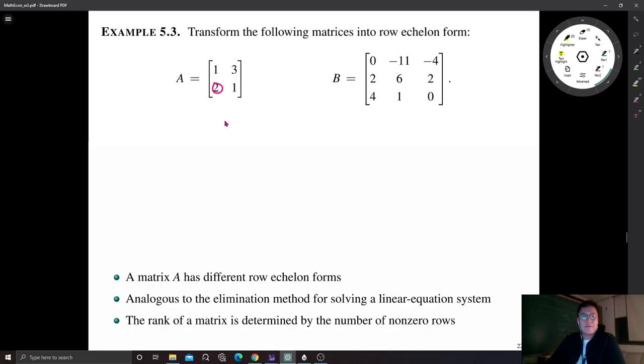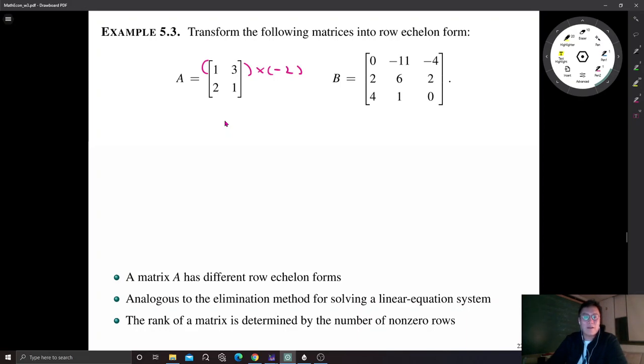So we multiply the first row by negative 2, and then add this to the second row.